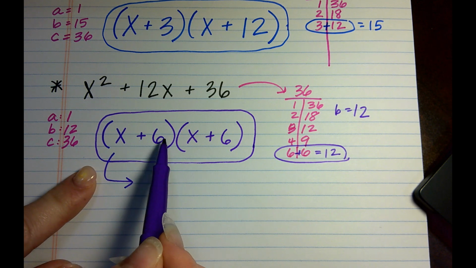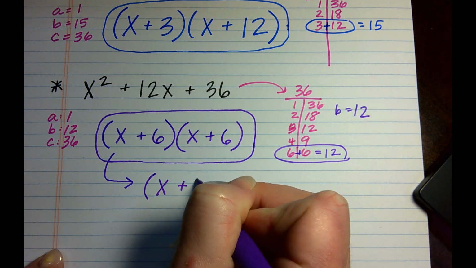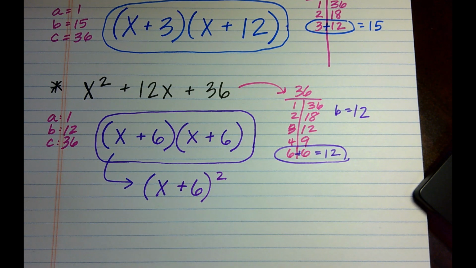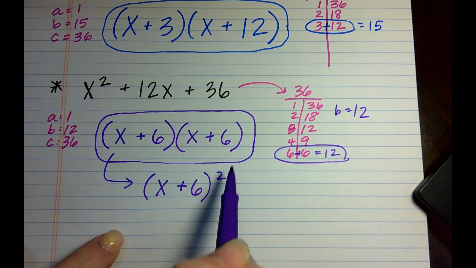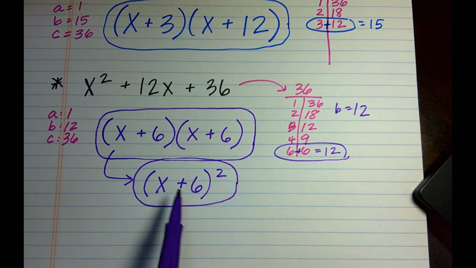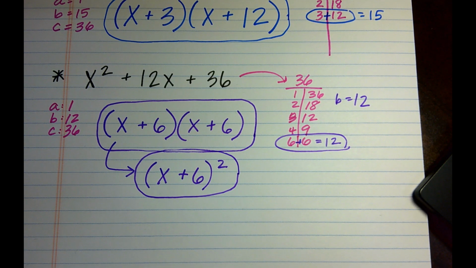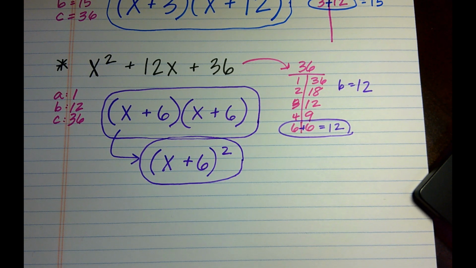So X plus 6 times X plus 6, you could also write this as X plus 6 squared. That's the same thing. Both I would count correct. I don't prefer one over the other. However, technically, I want to say it's a more simplified form. Very good observation. Good.